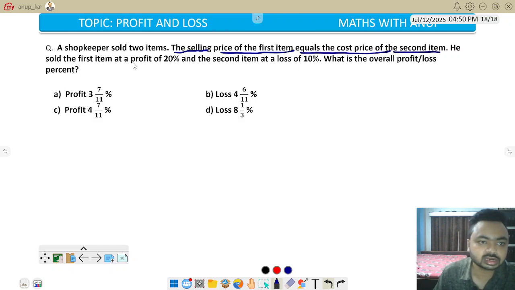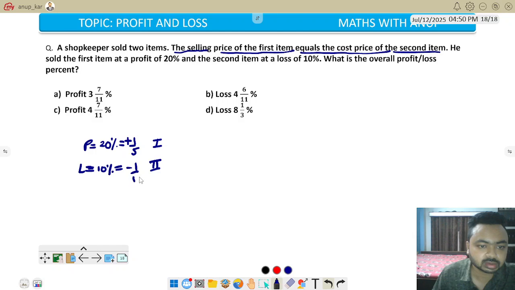He sold the first item at a profit of 20%. This is my first item, this is my second item. Profit of 20% means 1 by 5, and loss of 10% means minus 1 by 10.